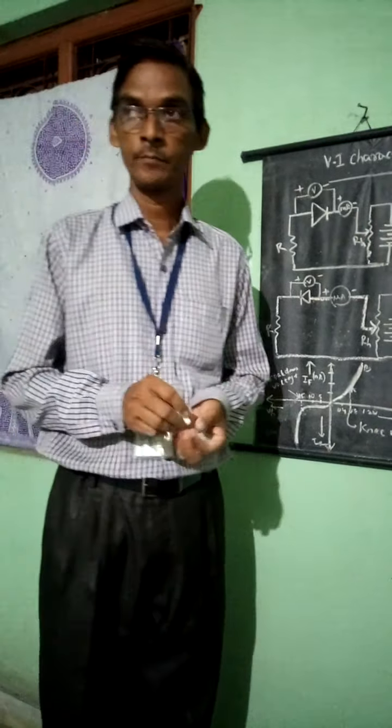This is the majority carrier, this is the minority carrier. We can represent this as the anode and this as the cathode, so the symbolic representation has two polarities, one is anode, the other is cathode.